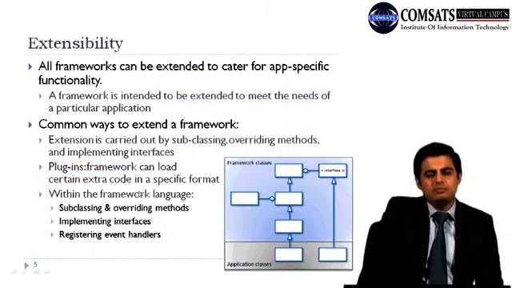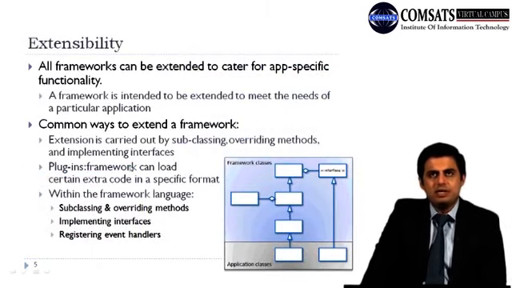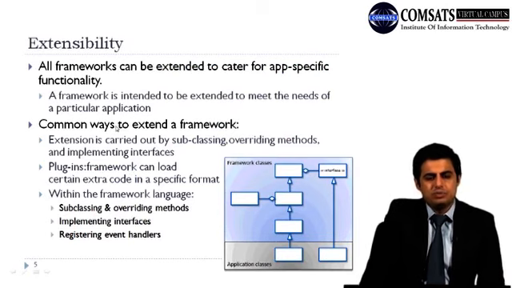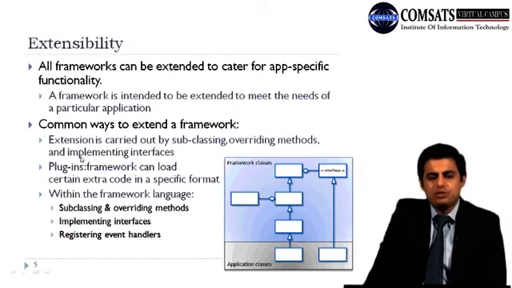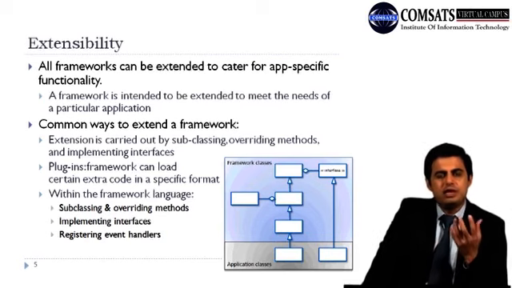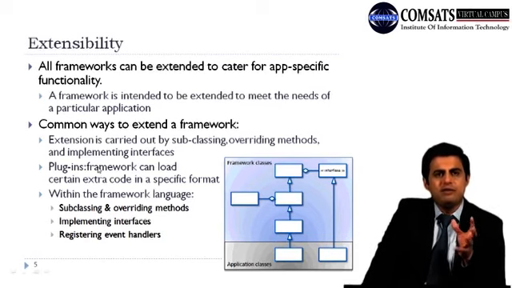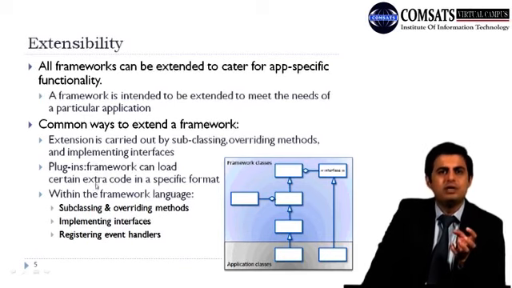Okay, so if we talk about extensibility of the frameworks, what does it mean? I told you extensibility is when you are extending a framework. Why do you need it? Sometimes a particular application cannot be fully developed by the framework which you have chosen, so it is intended that you add some other features to that framework.